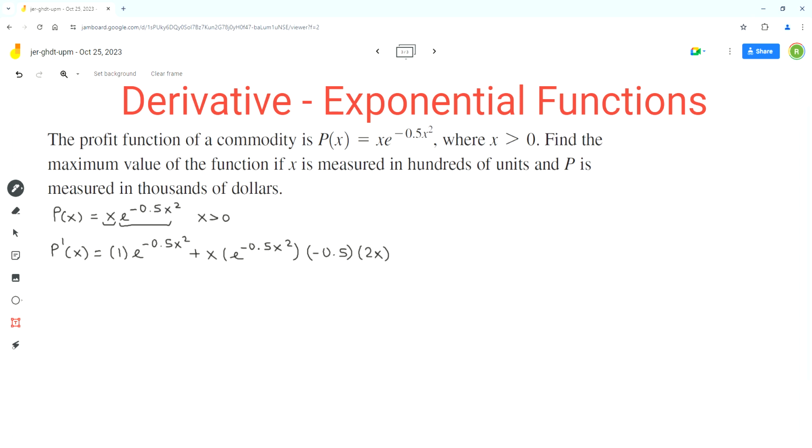Now we can simplify this expression. So 1 times the e term will just be the e term.